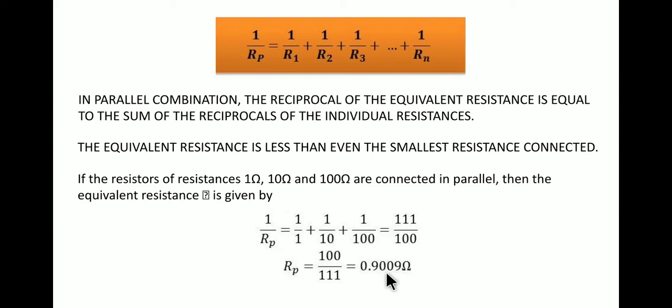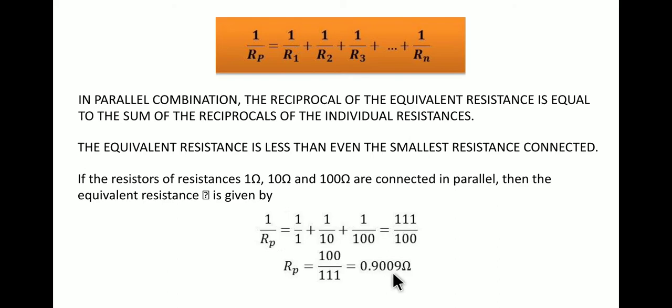Okay, now this is the result of the resistors when they are connected in parallel, and the resulting resistance will be equal to 0.9009, which is even less than the smallest resistance, that is 1 ohm. The smallest resistance is 1 ohm, but the resultant is even smaller than this value.